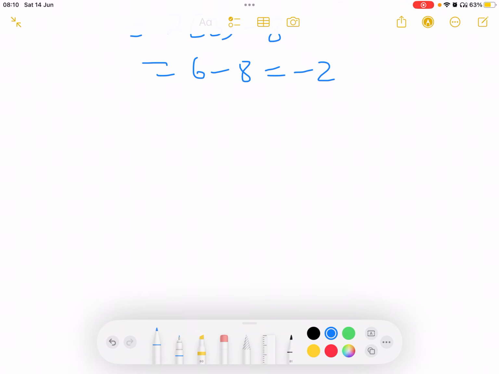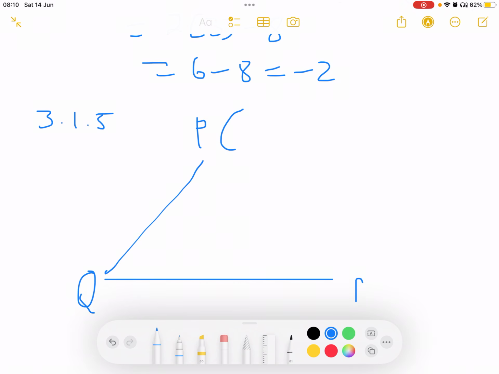If we use, for 3.15, if we say that this is P joined with Q and R, then there you have, we're looking for this angle here. You know the length here is 4 root 5.